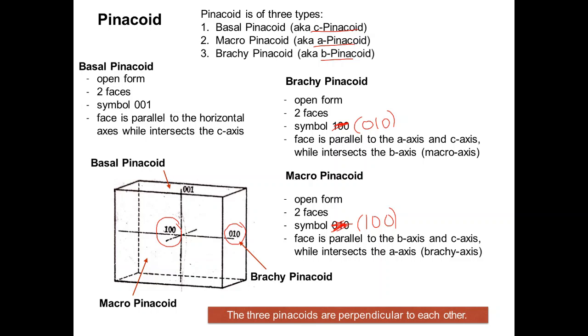So here we can see that the name brachypinacoid will be used for that form which is running parallel to the brachyaxis and intersecting the macroaxis, while the macropinacoid term will be used for the form where the faces are running parallel to the macroaxis and intersected by the brachyaxis. So the three pinacoids are perpendicular to each other, and as we all know, pinacoids are open forms.